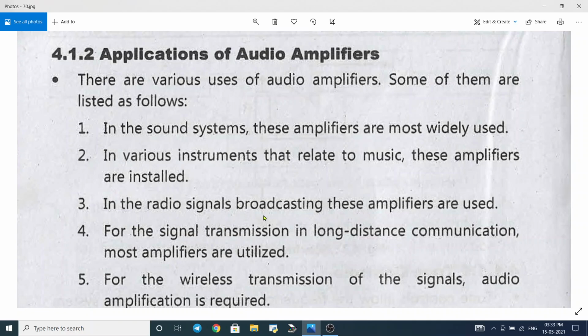In the radio signal broadcasting, audio amplifiers are used.